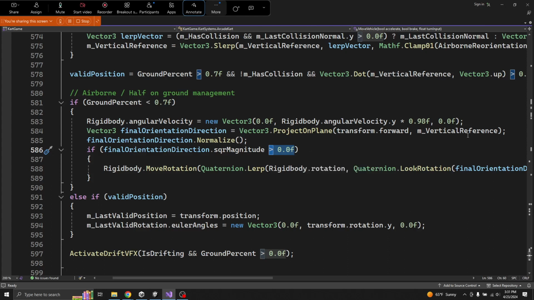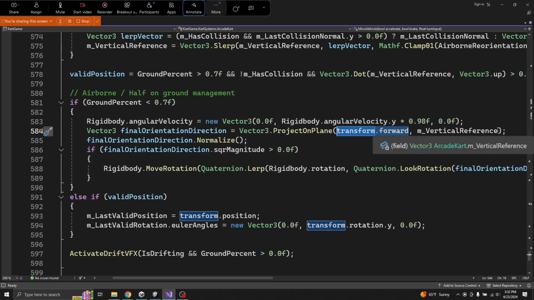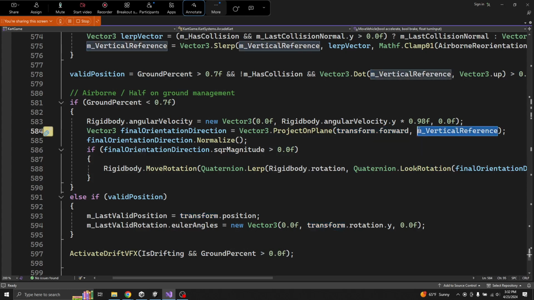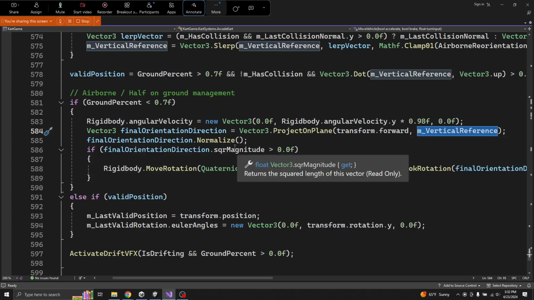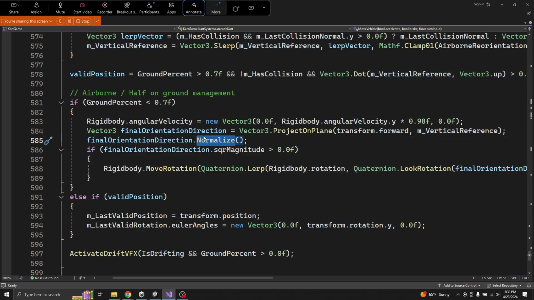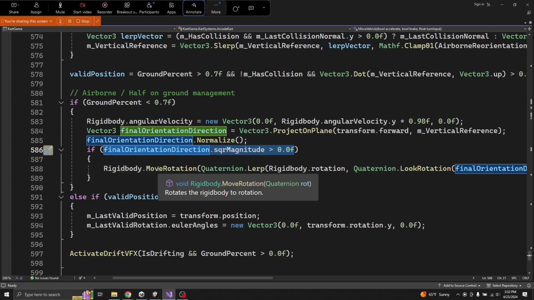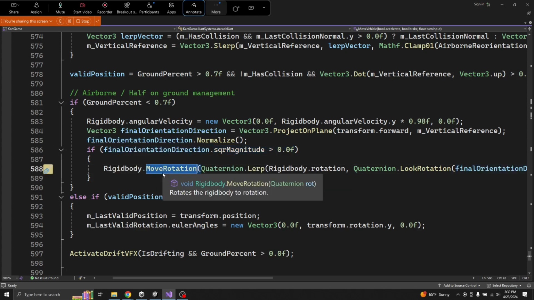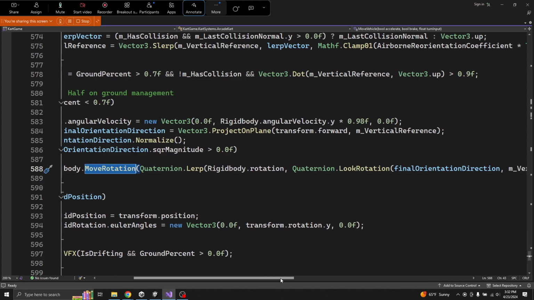But if it's greater than 0, meaning because we're projecting it, remember it kills whatever's not on that plane. So if our forward orientation is not aligned with our vertical reference at all, then once we normalize it, it's going to be 0 or less. But if it is greater than 0, like we are aligned with our vertical reference, then we're going to do this MoveRotation. Rotates the rigidbody to a rotation. Okay, Quaternion.Lerp.